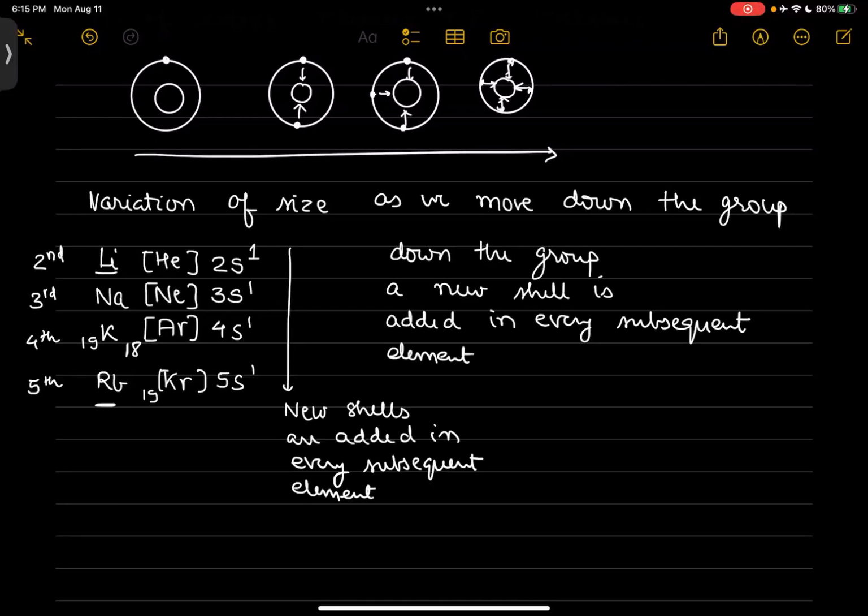A new shell is added in every subsequent element, and the new shell will be the outer shell. It will be larger, because if you are placing 3s, it should be outside 2s. Then 4s will be bigger.